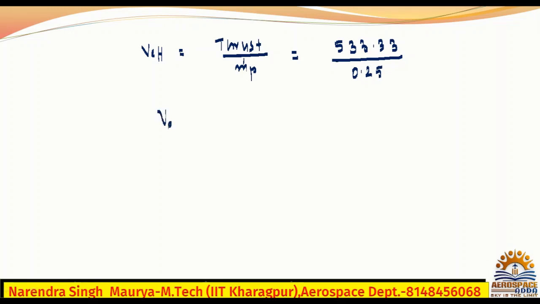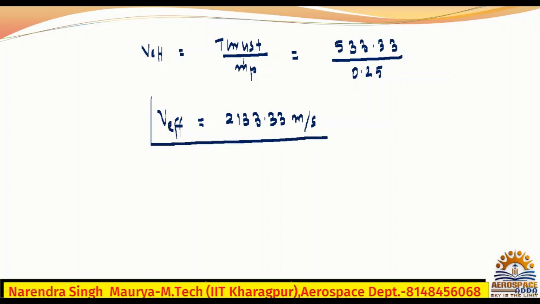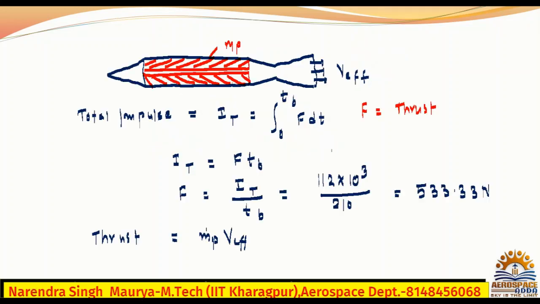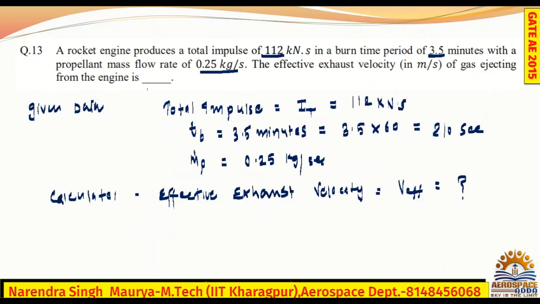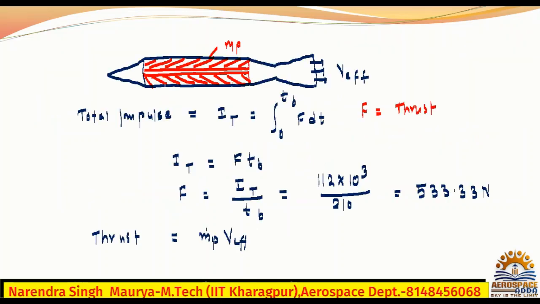So V effective is 533.33 divided by 0.25, which is 2133.33 meter per second. This is the answer. Hope you understood this. This is simply a formula based problem.